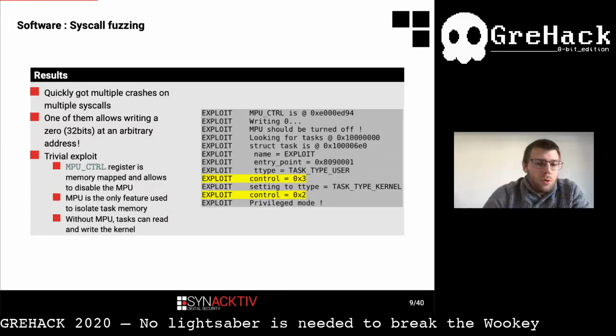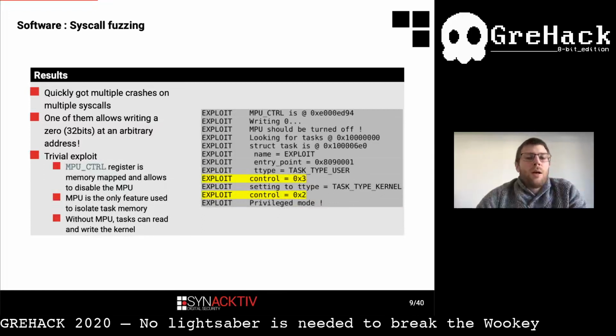It's relatively trivial to exploit. The register responsible for enabling or disabling the memory protection unit is memory mapped, so we can write on it. Writing a 0 in this register means that the memory protection unit is disabled.